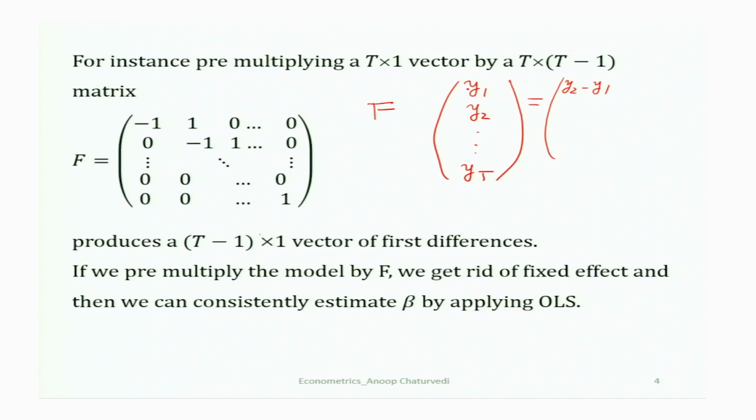So, minus 1 into y_1 plus 1 into y_2, and then you have 0 into y_1 minus 1 into y_2 plus 1 into y_3. So, you get y_3 minus y_2 here. At last, you get y_T minus y_(T-1) here.